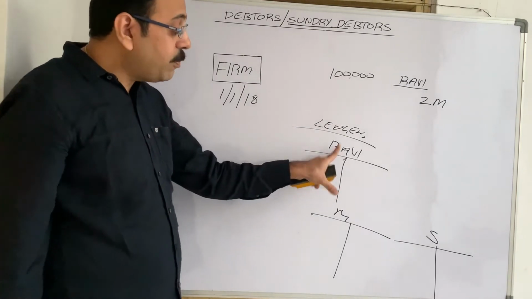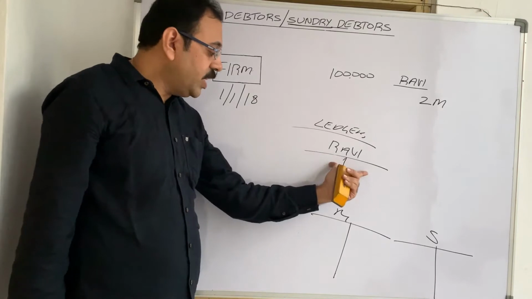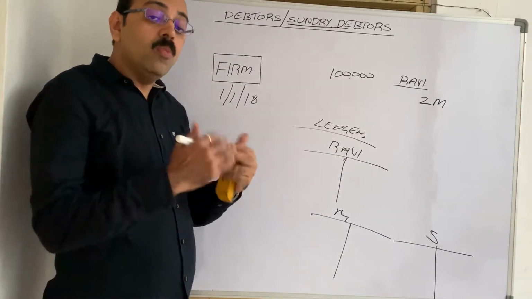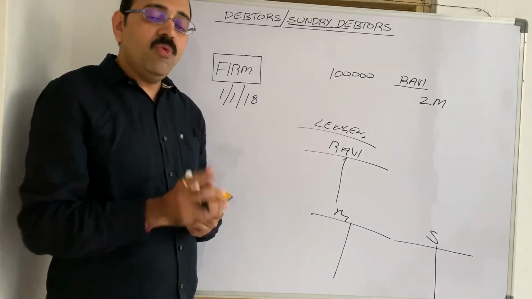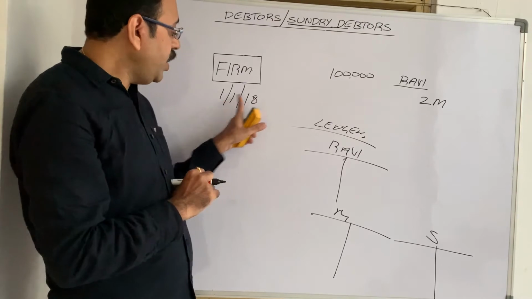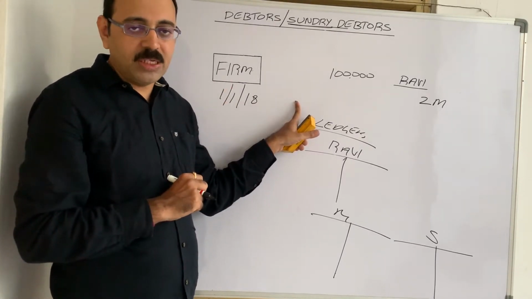When we open a separate account for one debtor, it is fine if the number of transactions between that debtor and us is more. But for one debtor, for example Raju, in 1 year, only 2 times we sold goods on credit basis.